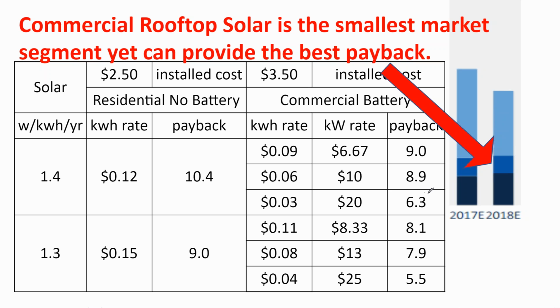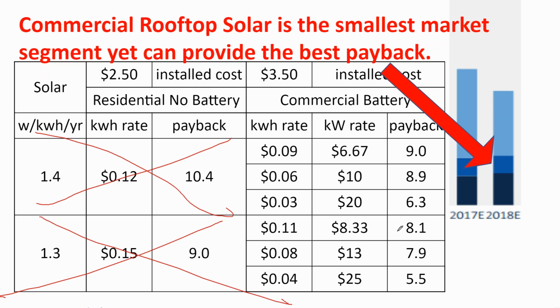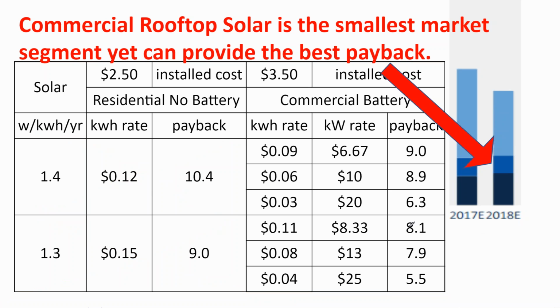So this is where the overlap is. Now, there's lots of residential customers who can't put solar on their rooftop. Those residential customers participate in community solar programs. Most community solar programs offer paybacks that are much longer term than what a typical investor would be interested in.